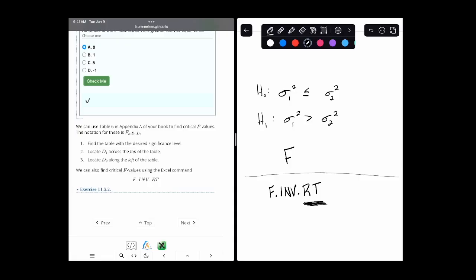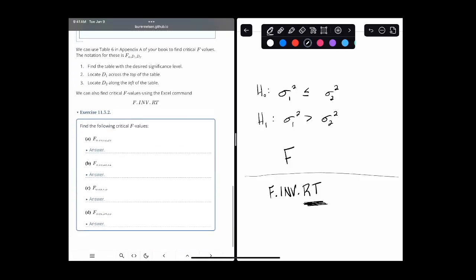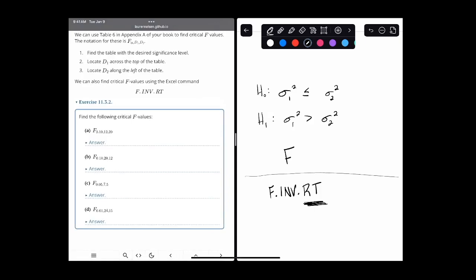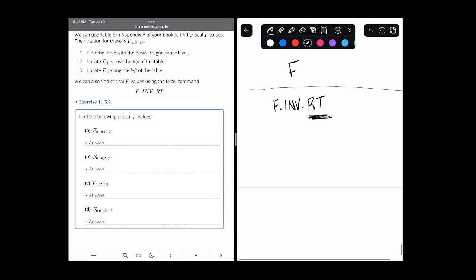And in exercise 2 here, you can practice finding some of these critical values. And so in part A, it's giving you the alpha and the 2 degrees of freedom. So to find the critical value, it's telling you that we have an area of 0.10 to the right, that's our alpha, and it's telling us that degrees of freedom 1 is 12 and degrees of freedom 2 is 20.